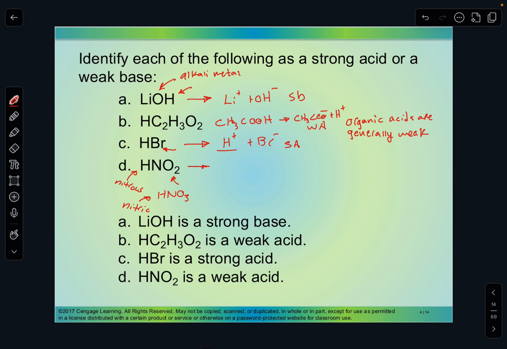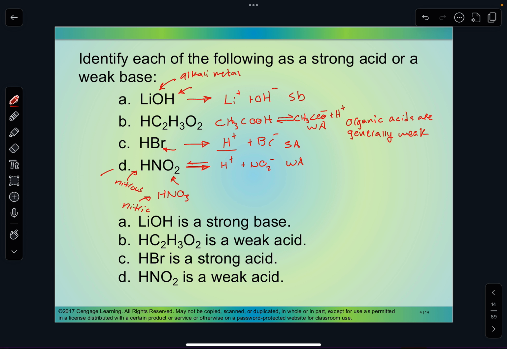It will dissociate into H plus NO2 minus, but it is only going to do it partially. So we'll draw that back. And just for clarity, I will also do the same to this. We're going to draw an arrow this way and an arrow that way because it is not going to completely dissociate. It is a weak acid.